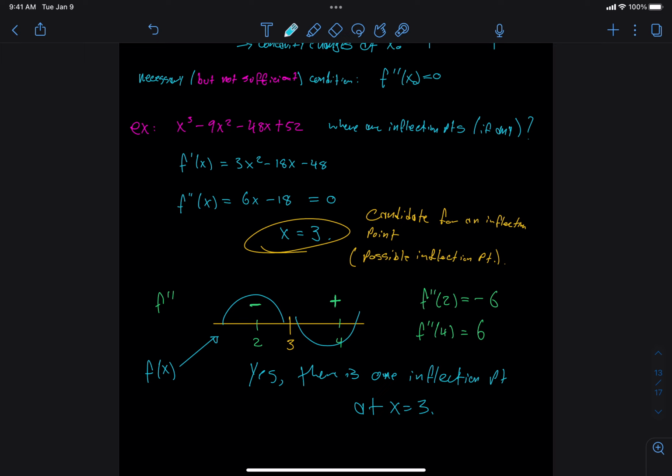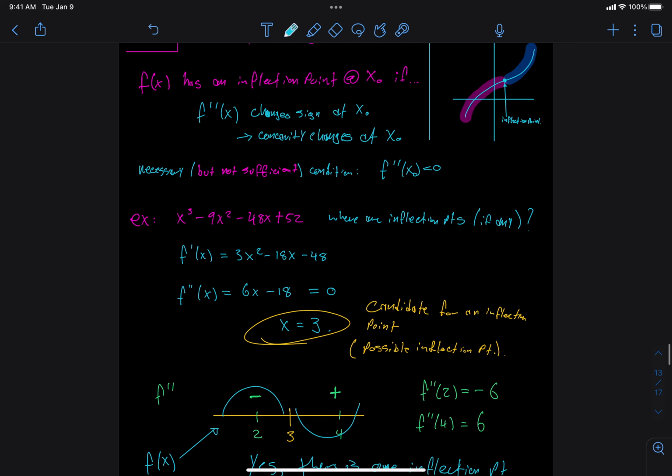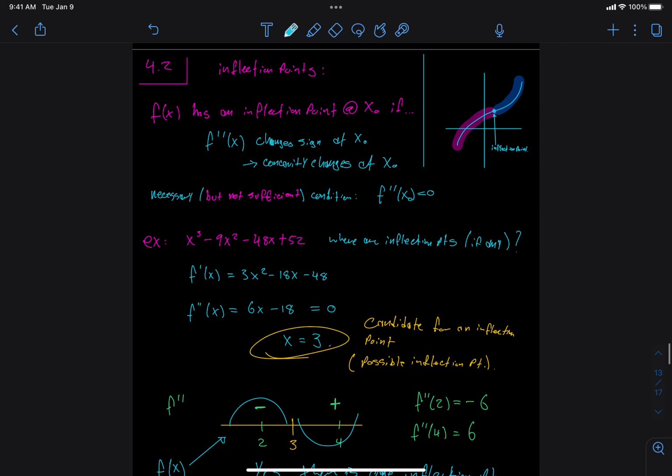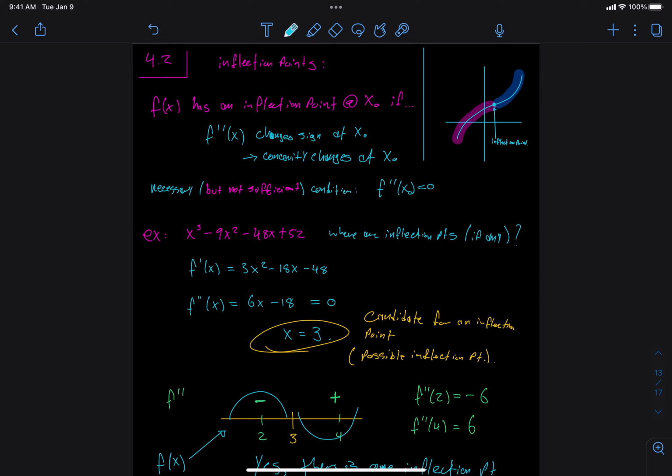Any questions on that one? Okay, maybe one way you can think about an inflection point is it's a point at which your acceleration changes from negative to positive.